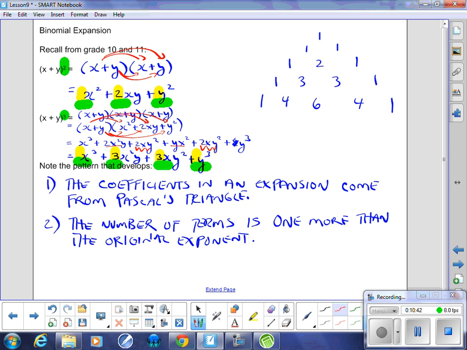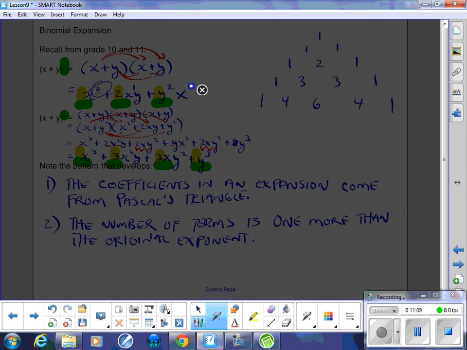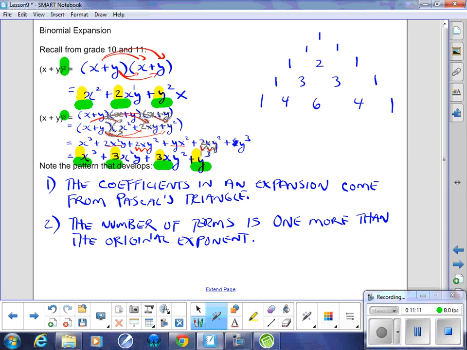All right. Next, what else do we notice here? What other pattern comes from this expansion? You'll notice that the x squared term, it's the first term in the binomial. When we expand it, it starts with an exponent of 2, and then goes to 1, then disappears. The way we make that disappear is that it will go to the exponent 0. So if we take a look at the next one, 3, 2, 1, 0.